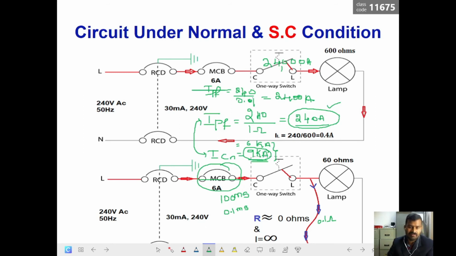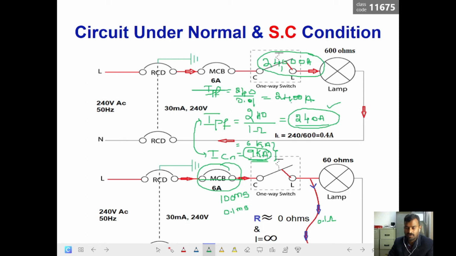IPF can be 240, 2400, or 24,000 amperes as well, but ICN is the standard value given by the manufacturer for how much short circuit current this particular device can withstand. Usually for single phase, this big an amount of short circuit current won't happen, but I am just giving an example. If you consider 1 ohm, you get 240 amperes.